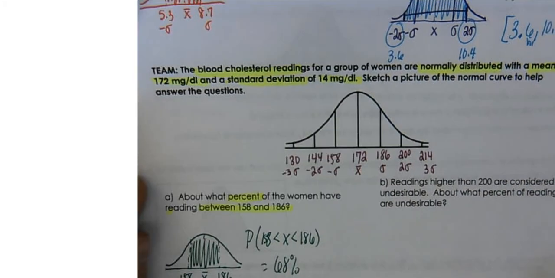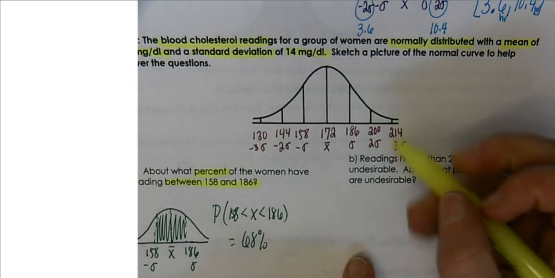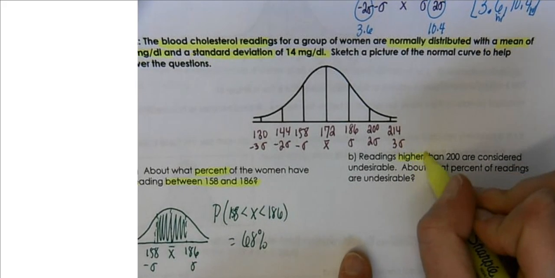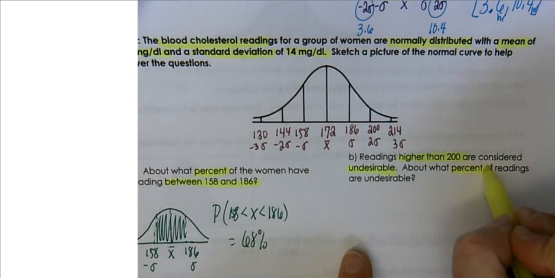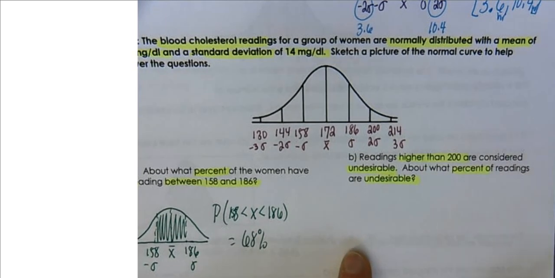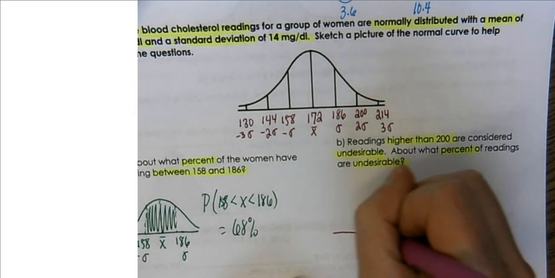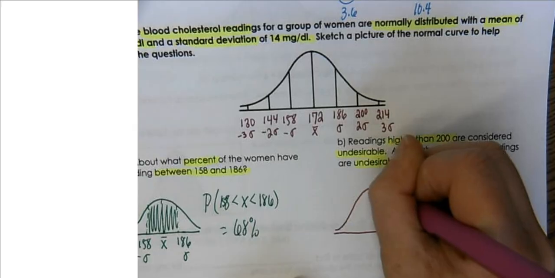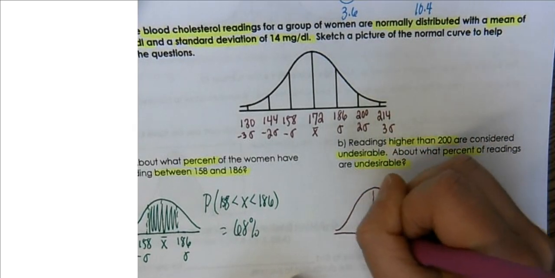So let's go ahead and look at letter B. It says the readings higher than 200 are considered undesirable. So what percent of the readings are considered undesirable? If you think about that, a score above 200, here's our standard deviation.